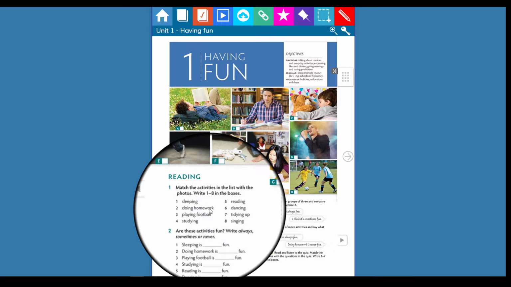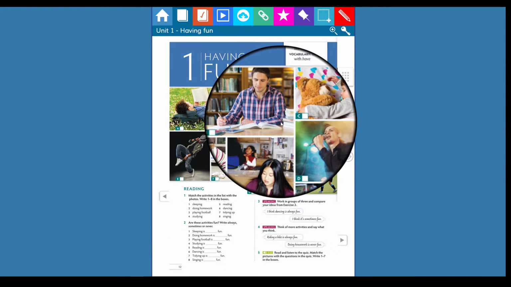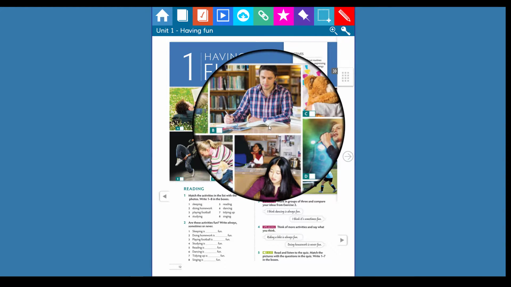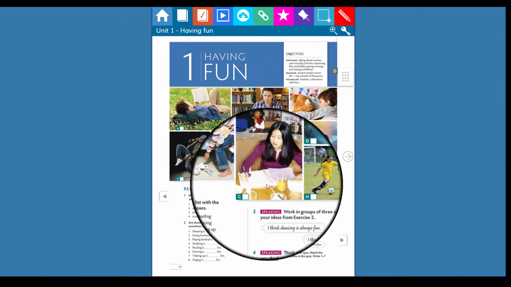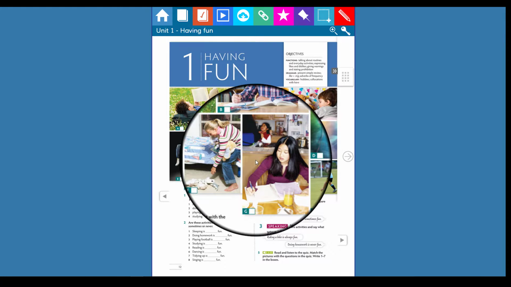Here we have two options, letter B and letter G, okay? In letter B, we can see a man in a library, maybe, with a book and a notebook. In letter G, we can see a girl with a notebook, writing something, and we can say that she's in her house because behind her, I can see a kitchen.